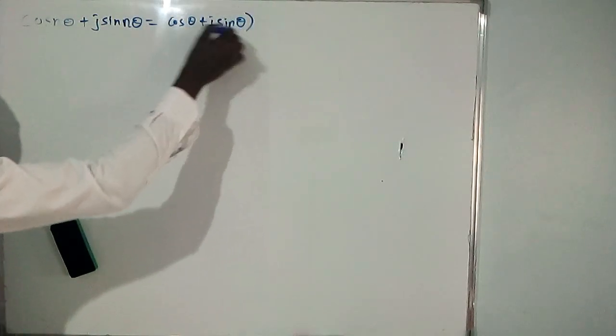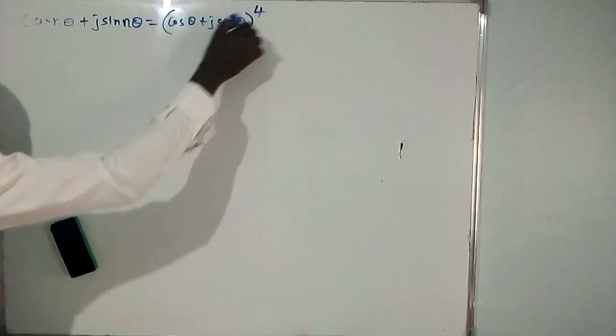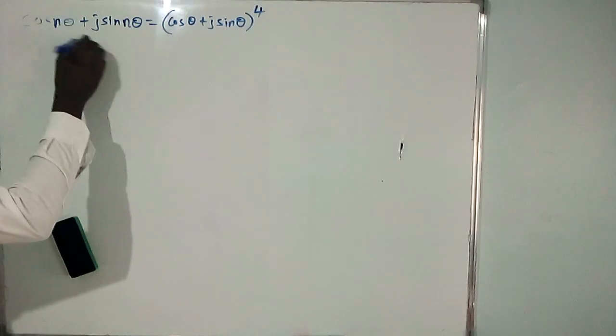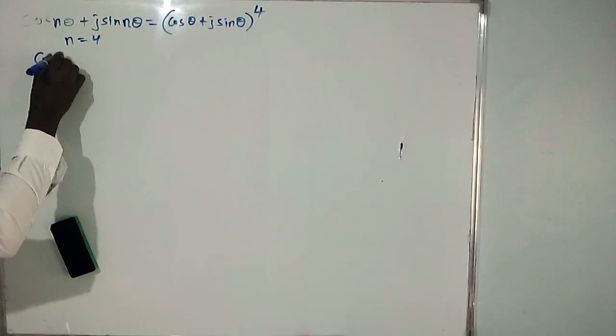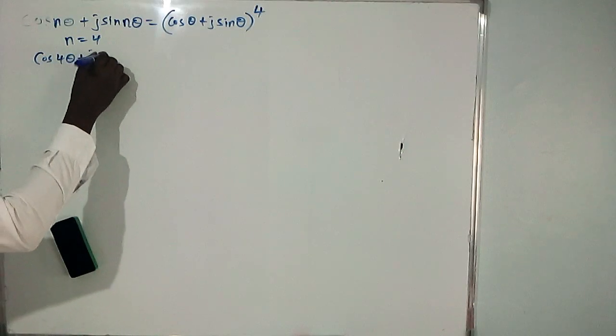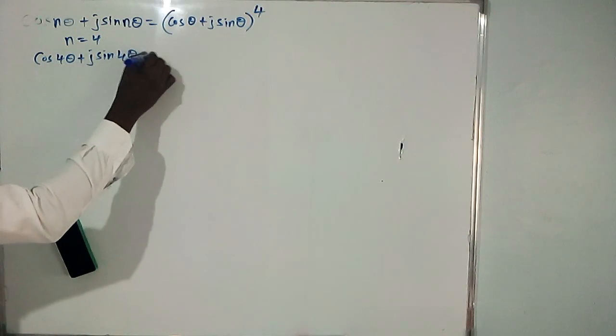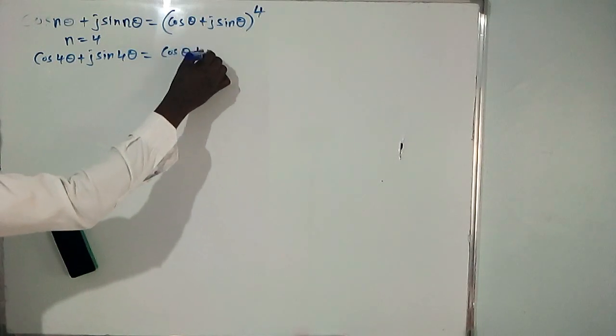Now, what we are looking for is what is on the left-hand side of the equation, so we expand the right-hand side of the equation using binomial expansion.